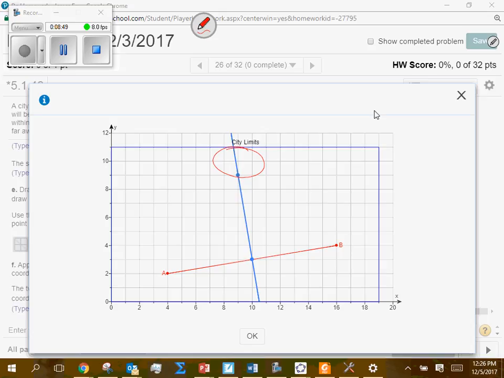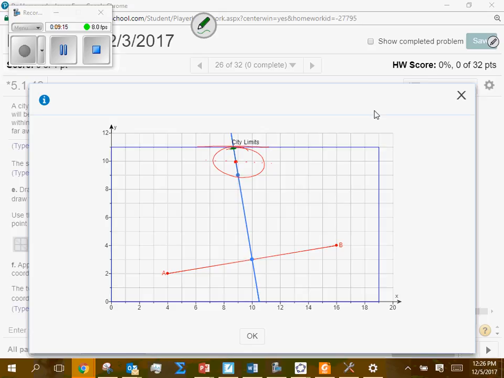We don't want to be on the blue line, so it forces me to come down to that line to keep integer ordered pairs. And they want whole numbers, they want integers, so I can't put it there. That would be really where they want it, right? Okay, and actually the best place that they would want it would be like right there. So we're not on city limits, but we're as close to them as possible, right?